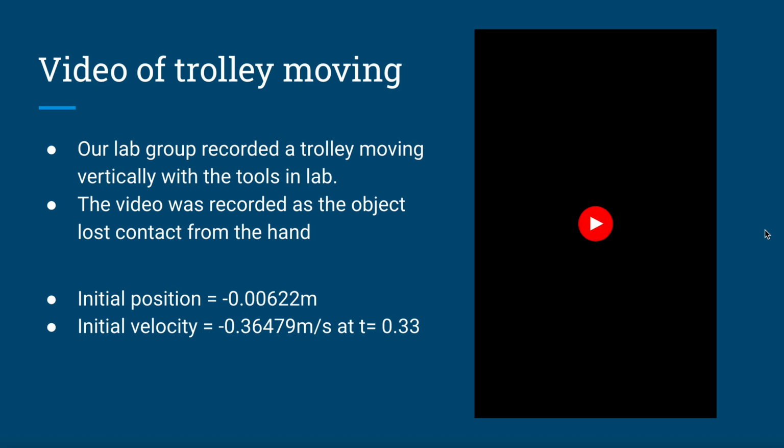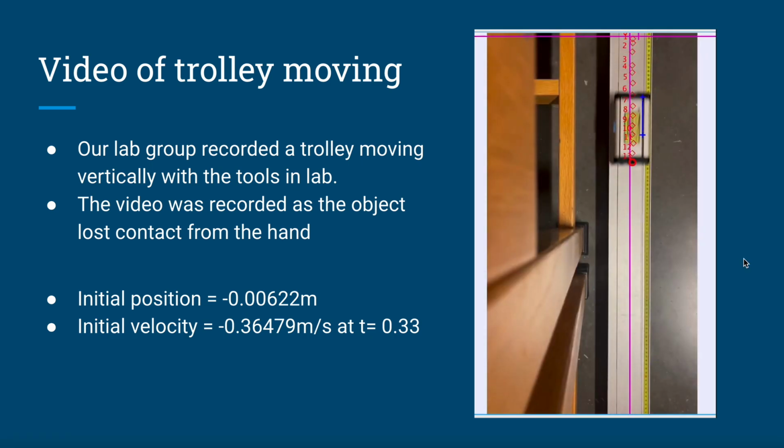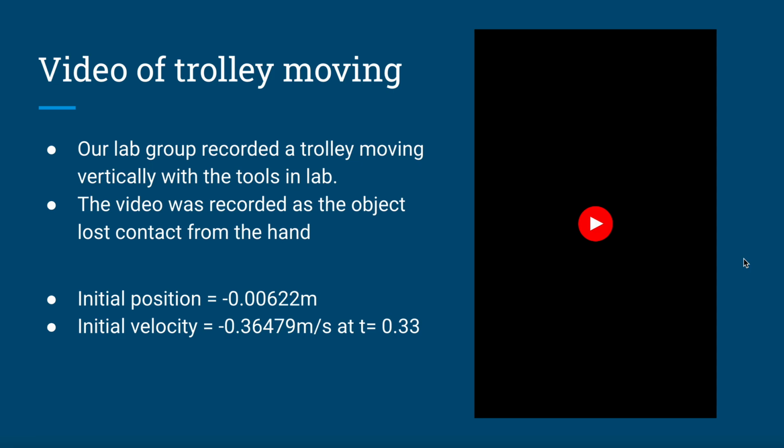Based upon this video, we can insert it into the tracker app and get its initial velocity, which we got as negative 0.00622 meters. This is also in the y direction. Using a very small displacement divided by a very small time interval, we get that the initial velocity was negative 0.36479 meters per second.